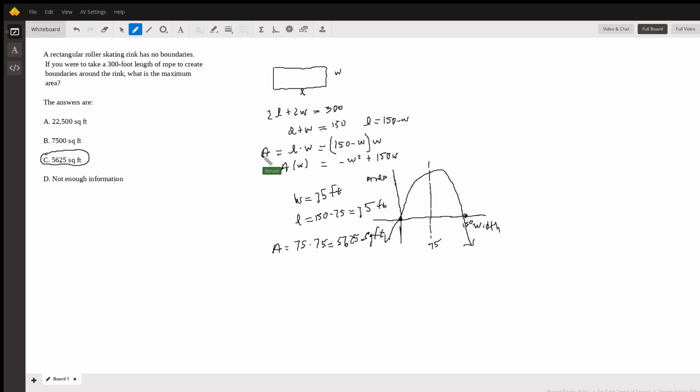We don't have a value for area. If we had a value for area, you'd see this as a system of equations: L plus W equals 150, and L times W is equal to area. But we don't know what the area is, and that's what makes it a little bit tricky. But we can solve the problem by behaving as if it were a system of equations and expressing area in terms of width alone.